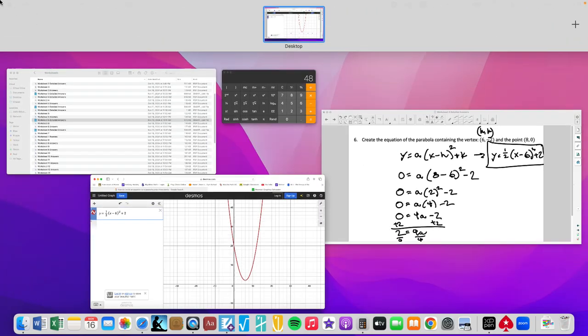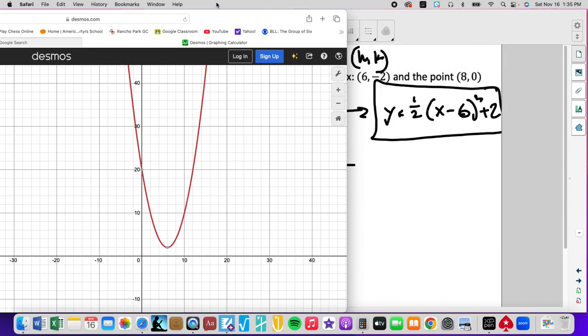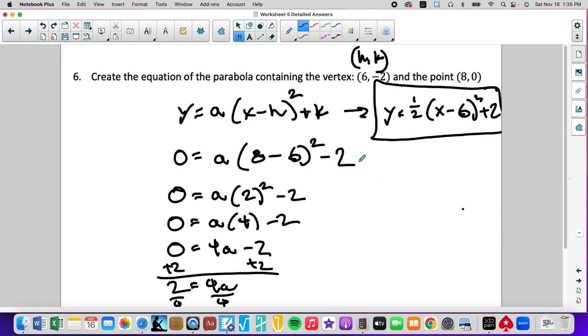Okay, now let's see if the proper points, 6, negative 2, and the point 8, 0 are on it. So that did not work. Mr. Mack messed that up. Is it minus k? Oh, minus k maybe. That's probably where I messed that up.